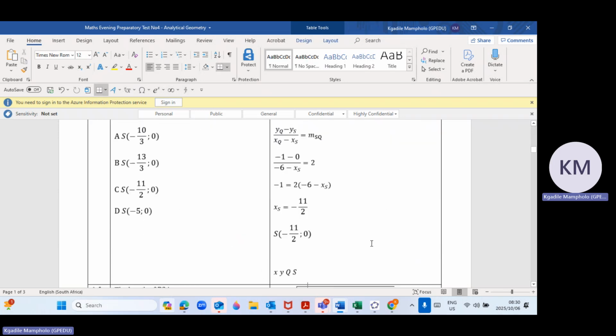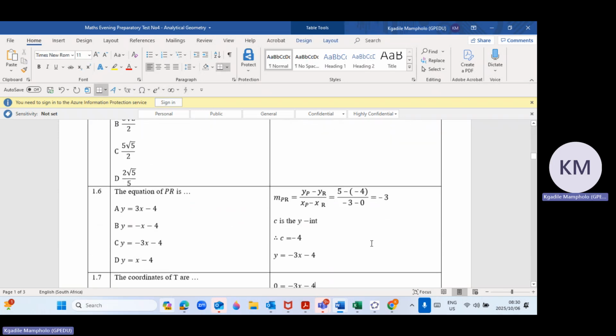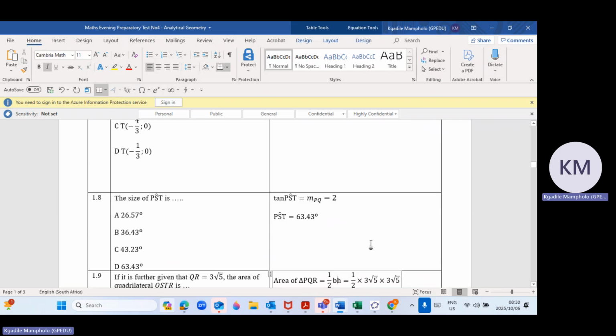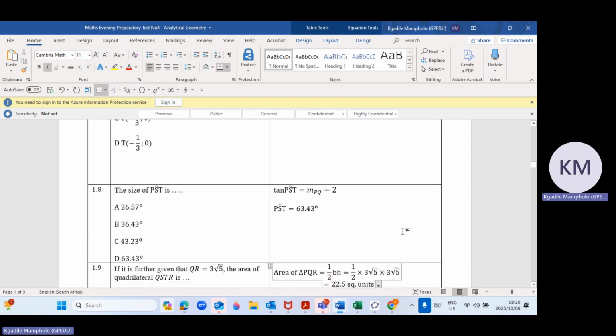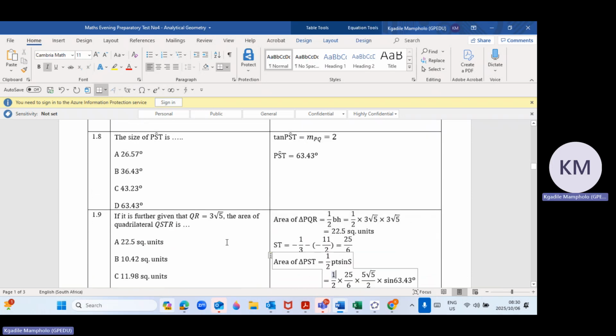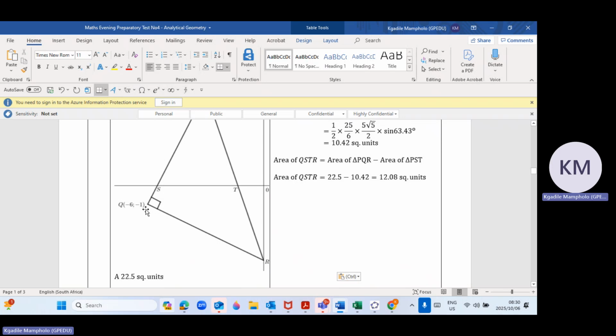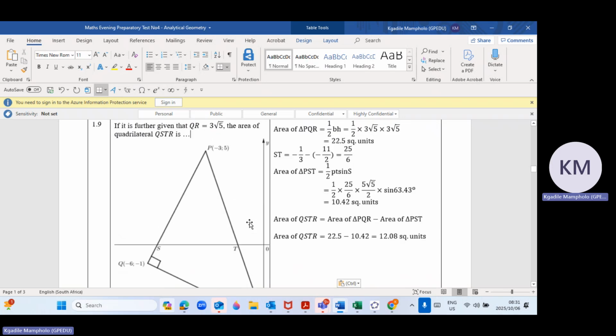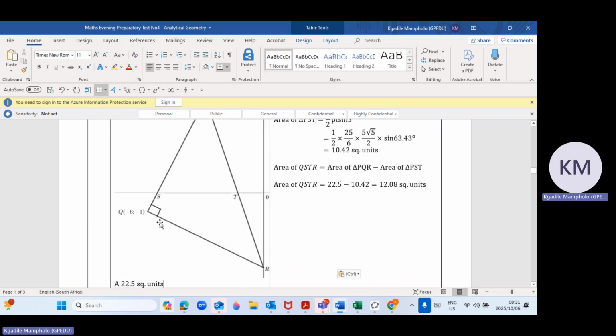So we are required to calculate the area of QSTR. Yes, QSTR.